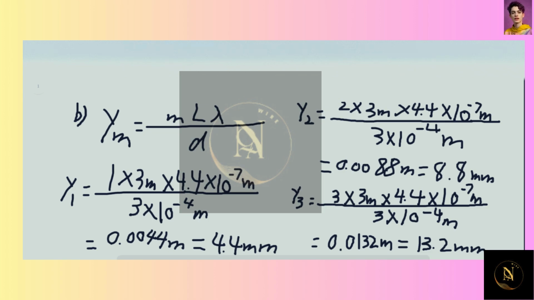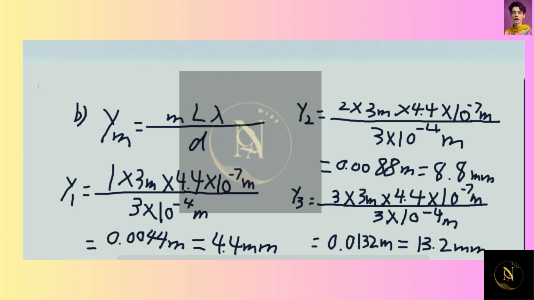For y2, we simply change the m value. Since it's y2, the second order band, m equals 2, and the rest of the data is the same. Then we get y2 is equal to 0.0088 meter, which is 8.8 millimeters.